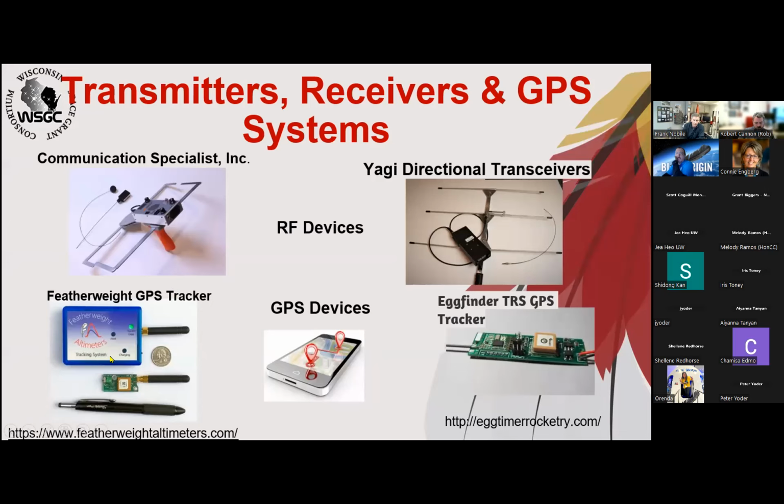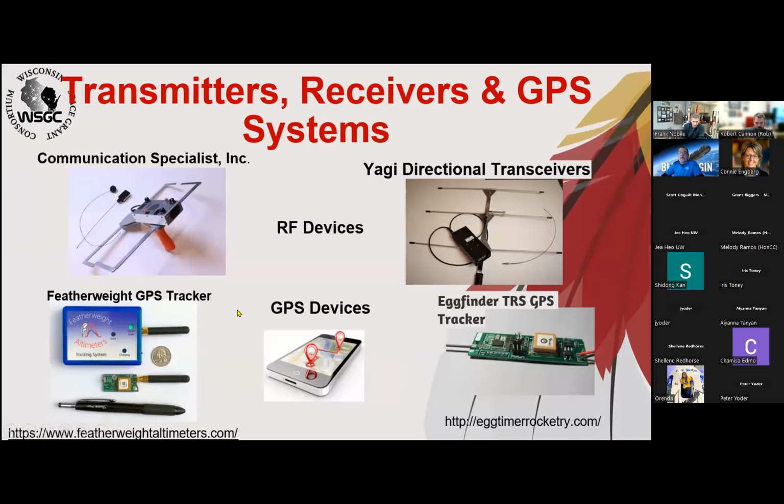We have the Featherweight, which works very well. I've been in some places where they have them, and these work very well, almost anywhere from 8 to 10 miles away. And of course, we have the Egg Finder GPS tracker, very affordable, but this is one you wire yourself up. If you're talented at soldering and following instructions, it's a very useful GPS locator. I suggest that.